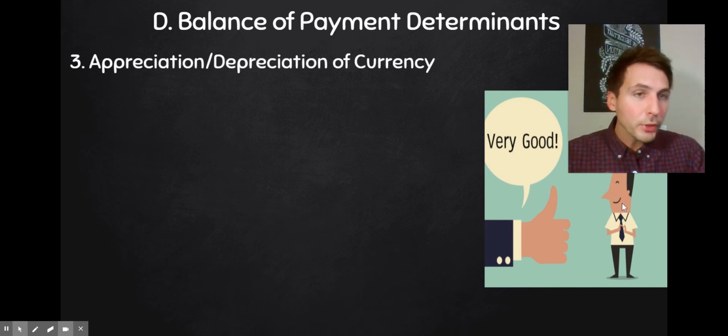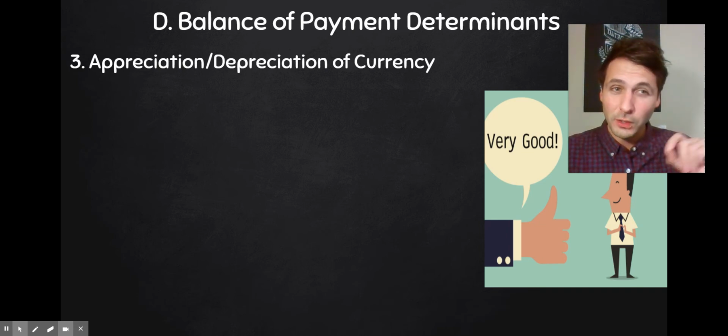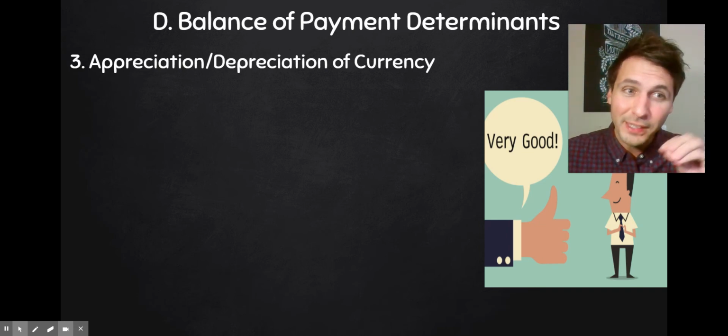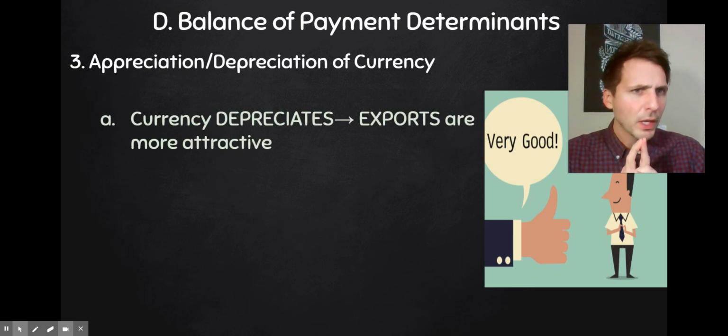Last one: appreciation and depreciation of currency. We're going to spend some time here later, so I'll go through it quickly. If it doesn't completely click, that's okay. First, know that when currency depreciates, it means it's decreasing in value relative to other currencies.